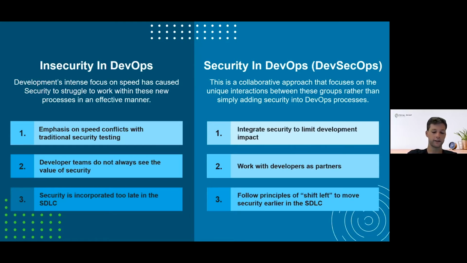Then finally, we talked a little bit already about shift left. It's important to ensure that security is incorporated early in the cycle. Again, tying back to that first bullet point, we don't want security to be a roadblock for these developer teams. And so incorporating security earlier in that process helps ensure that developers have a significant period of time to address the important security vulnerabilities.